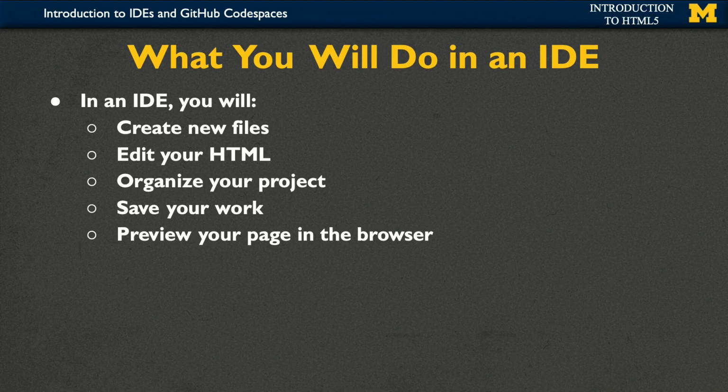Also in the IDE, you'll be able to save your work frequently. The most important part, of course, is always being able to preview your web page in a browser. Code is ugly. It doesn't look great, but looking at the code live, that's where the fun is. These steps never really change. The buttons and menus may look slightly different, but the process is the same across editors. So the skills you learn in VS Code carry directly into using Codespaces.